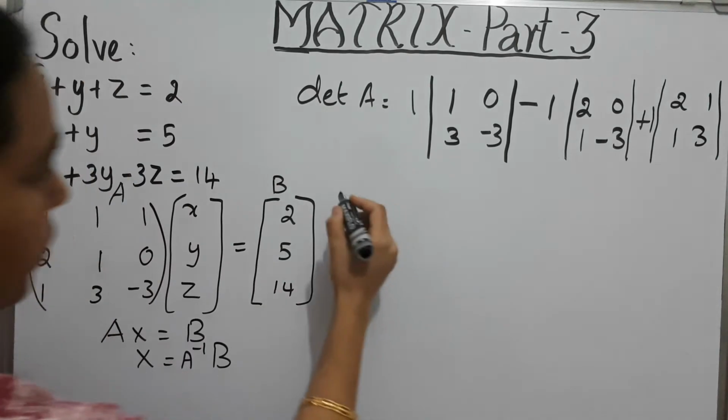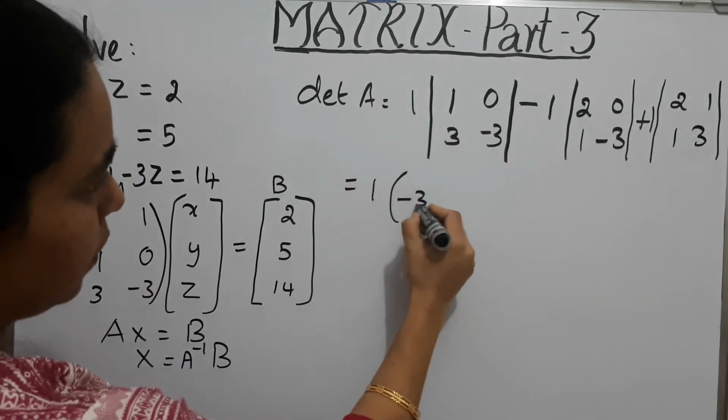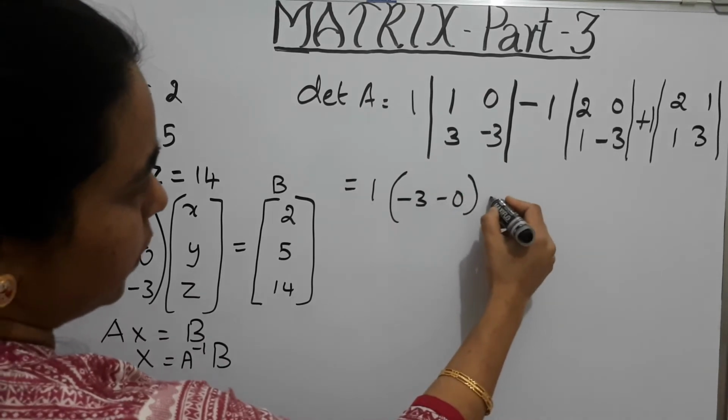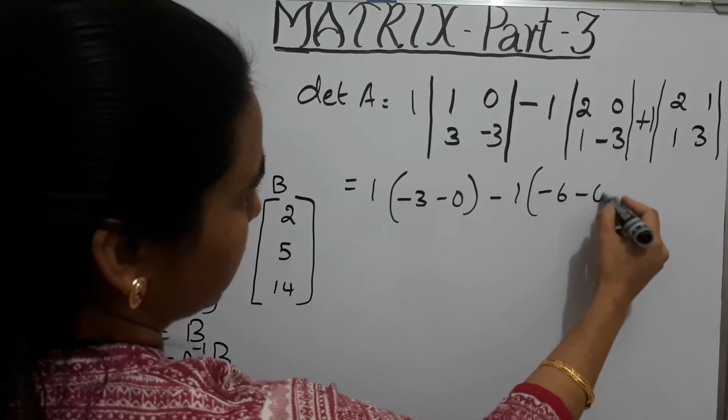When you solve this, you get 1 times minus 3 minus 0, which is minus 3. Then minus 1 times 2 times minus 3, which is minus 6, minus 0, and minus times minus becomes plus 6.